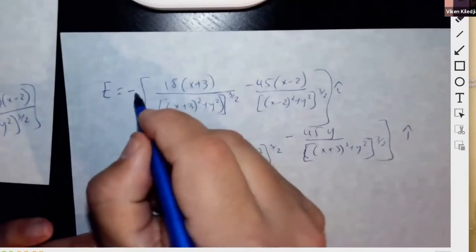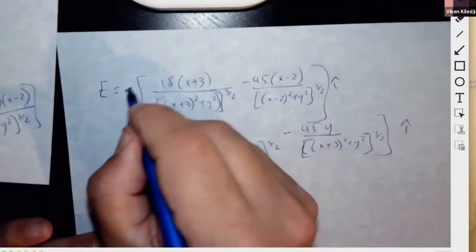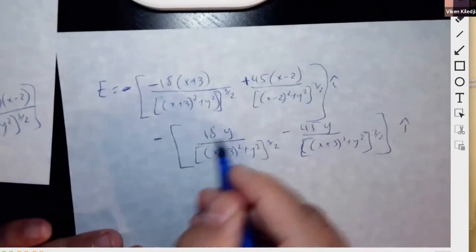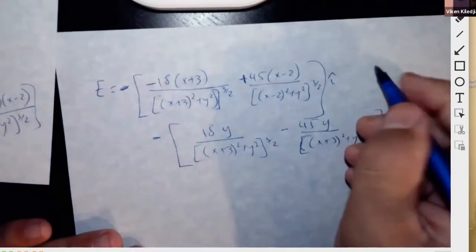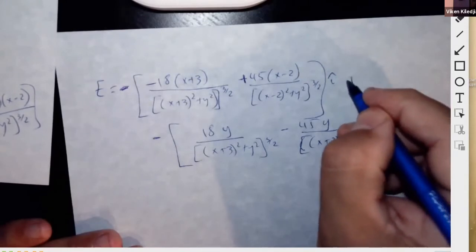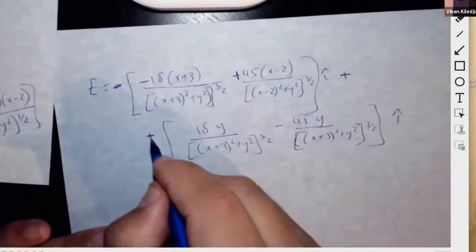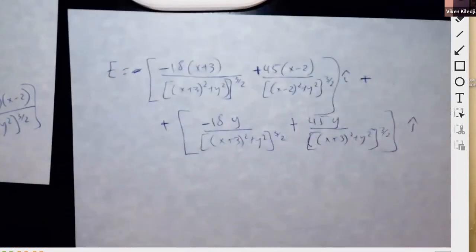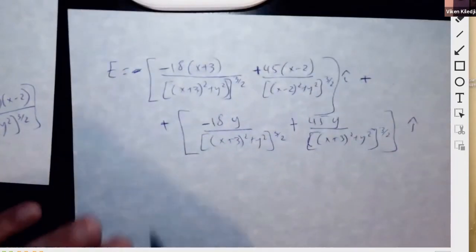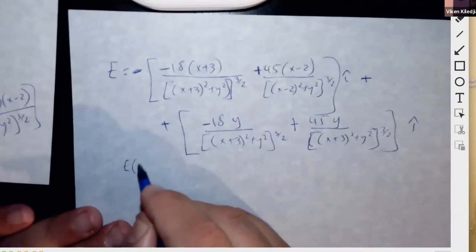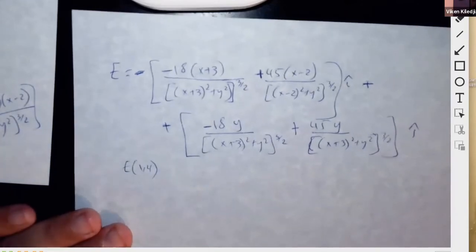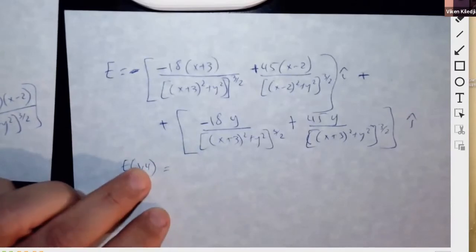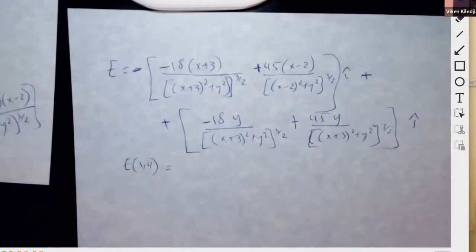So distribute this negative, and then this one will make this negative and make that positive, and then distribute this negative. So I'll just write positive here, distribute this negative, and go like this. So then if I wanted to find the electrical field at 1,4, just like I found the voltage at 1,4, this is when I would put in the components after taking the derivative.